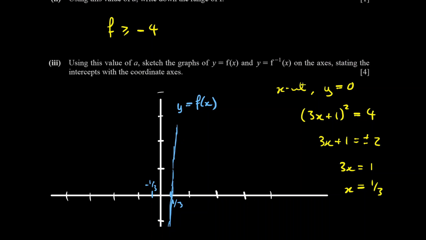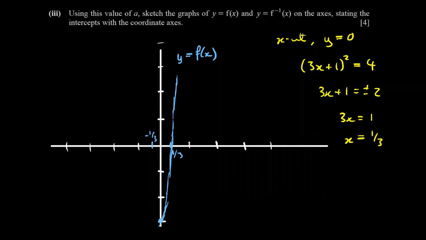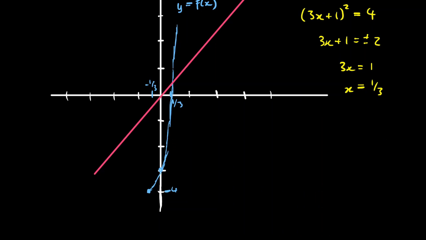Now, what will f inverse look like? Well, f inverse is a reflection in the line y equals x. So a good thing for you to do is to draw the line y equals x. I'm going to try to draw it like that. Right, that's the line y equals x. And if it's a reflection, what it means is that all the coordinates get reflected around that line. So for example, this coordinate here, the vertex point where x is negative a third and y is negative 4, that becomes flipped.